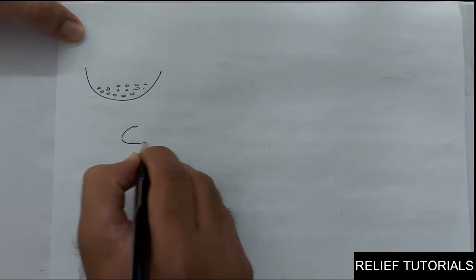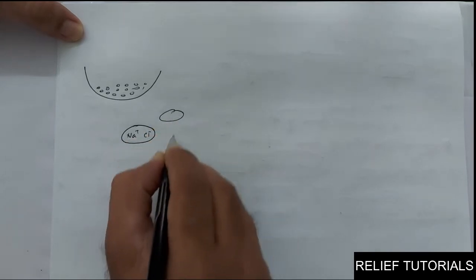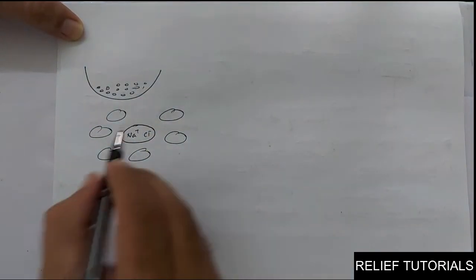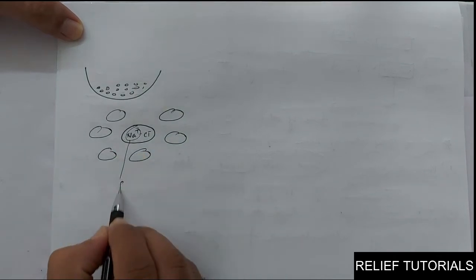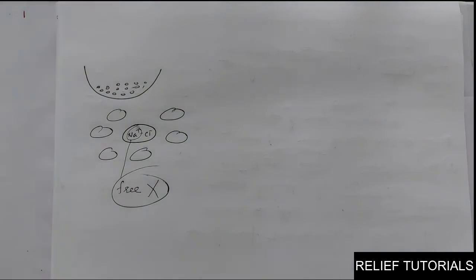We have the pieces like this, Na plus, Cl minus, and the next. So these are the molecules of NaCl. Tell me whether these ions are free to move? No, because they are bound. They are not free.